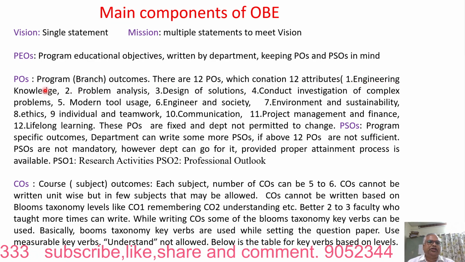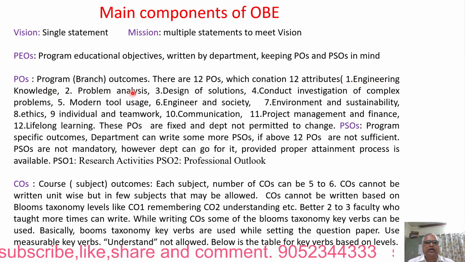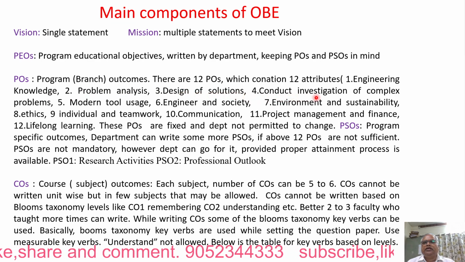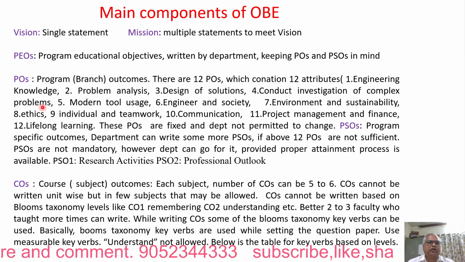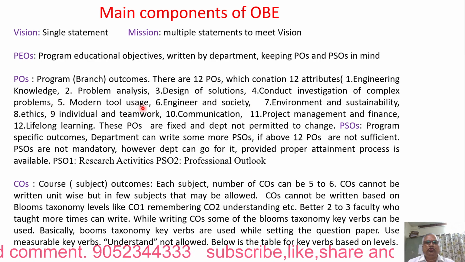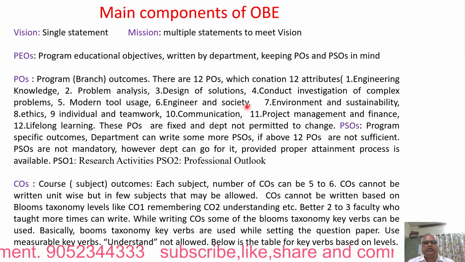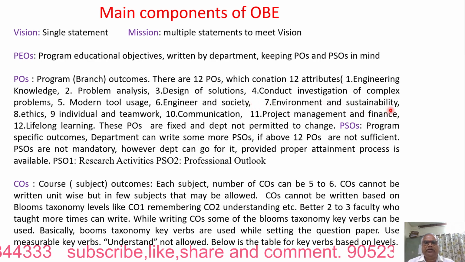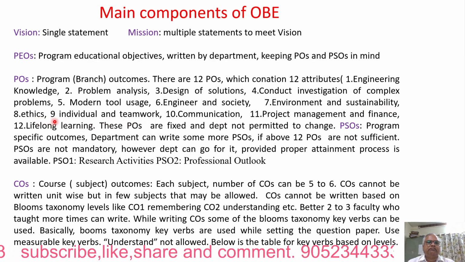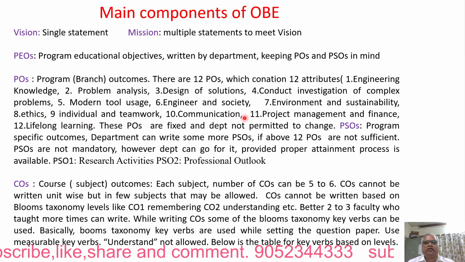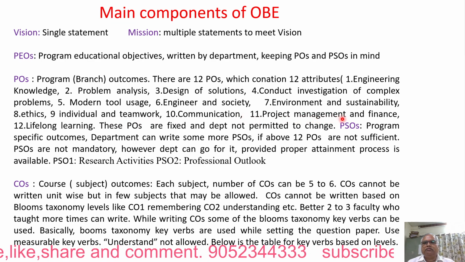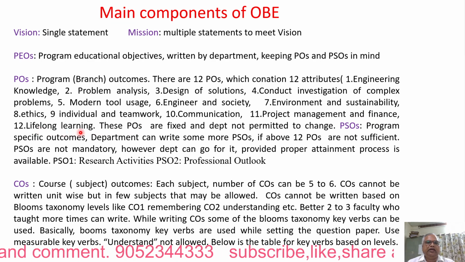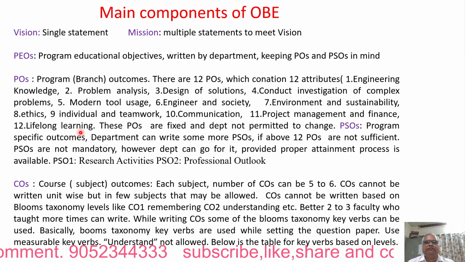Begin with one is engineering knowledge, problem analysis, design of solutions, conduct investigation of complex problems, modern tool usage, engineer and society, environment and sustainability, ethics, individual and teamwork, communication, project management and finance, lifelong learning. These are the 12 keywords.